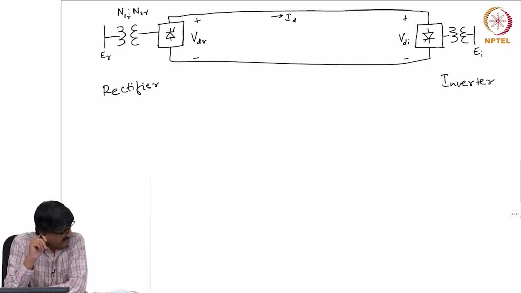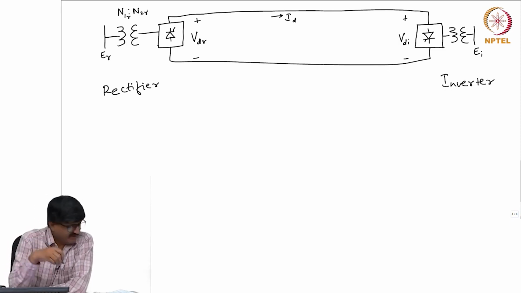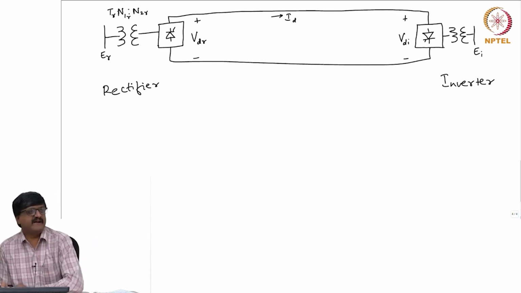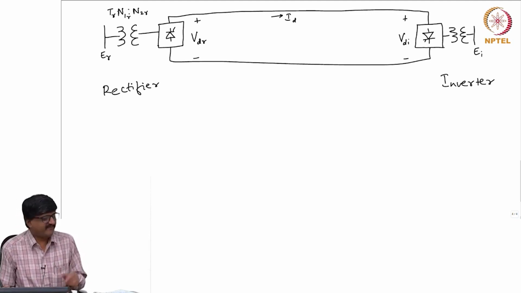Okay. And in addition to the number of turns, which are constants, as I mentioned, for the sake of controlling voltage we have a tap. So, I have to include the tap. Suppose the tap is on the side which is connected to the AC system bus. Again, T is the notation for tap and TR is the tap for rectifier.